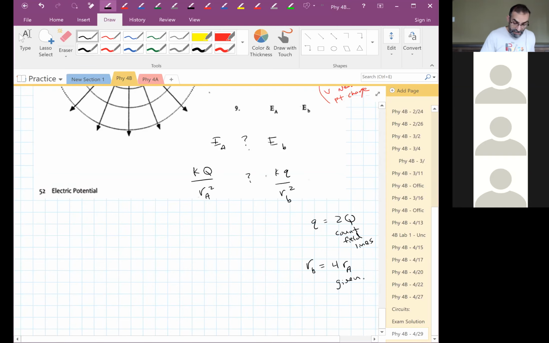Okay, now we plug them in, and what do we get? We get KQ over RA squared, and we've got K2Q over 4RA squared. So we get one of them, and the other one is 1/8, right?